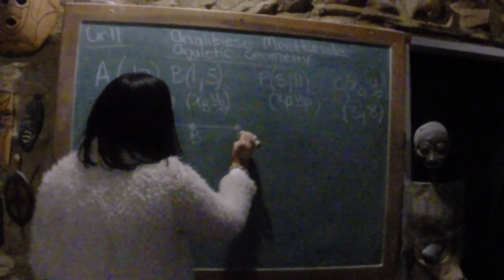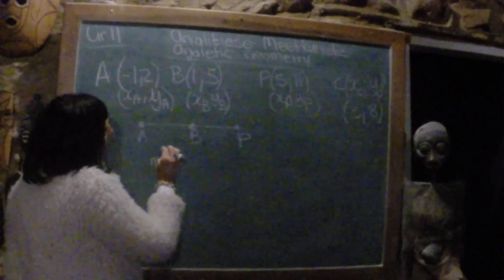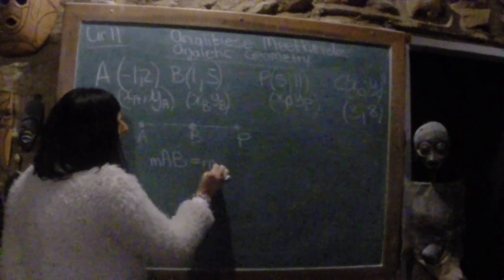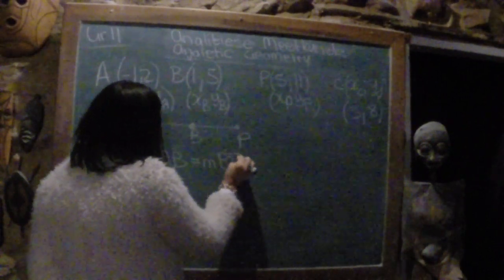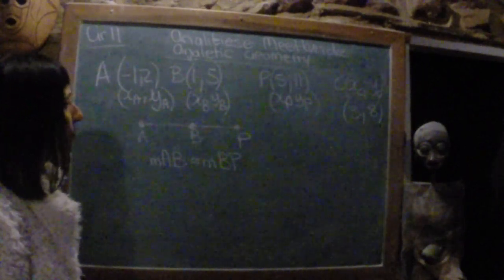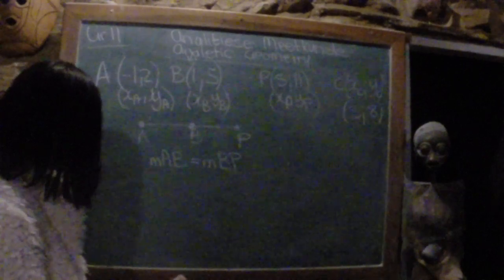So A, B en P moet op dieselfde lyn lê. Therefore, I must know that the gradient of AB must equal the gradient of BP. And then these points will definitely lie on the same line.